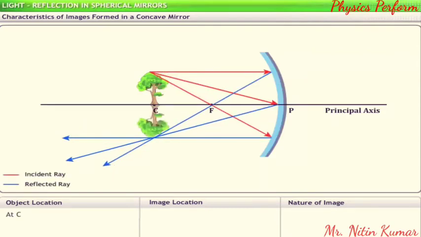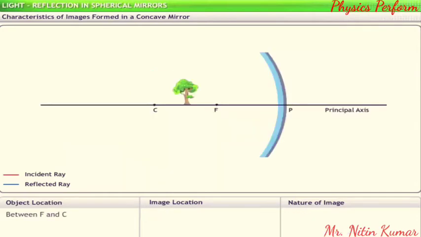When the object is placed at center of curvature C, the image is formed at the same point, that is, at C. This image is real, inverted, and equal in size to that of the object.